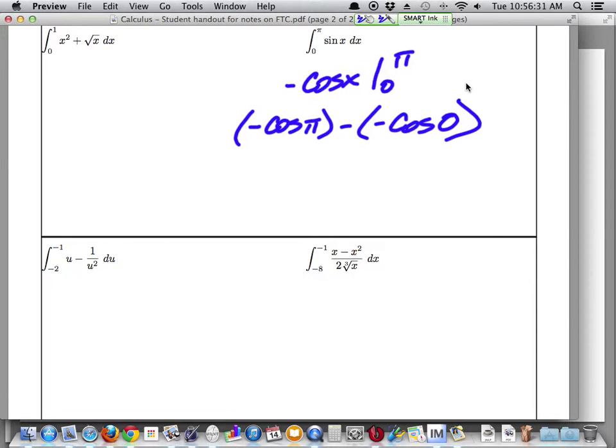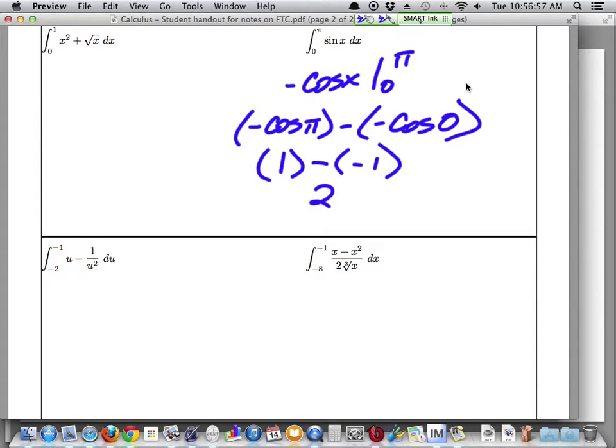So cosine of pi is negative 1, and then it becomes negative, so that makes it a positive 1. Over here on the right, what's cosine of 0? Regular 1, and then I've got a negative, which makes it negative 1, so I end up with 2.